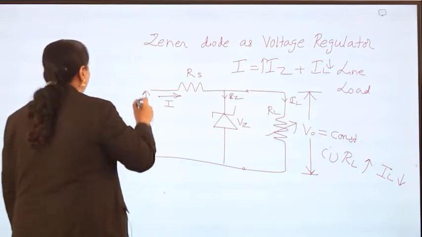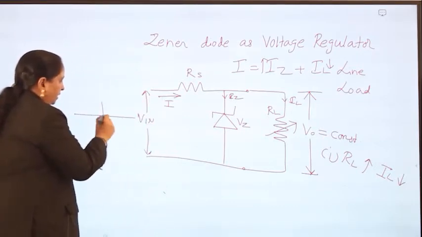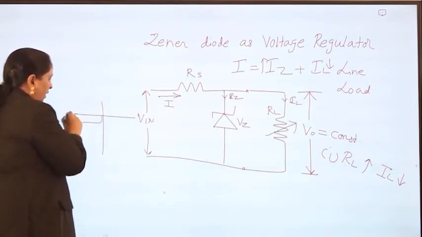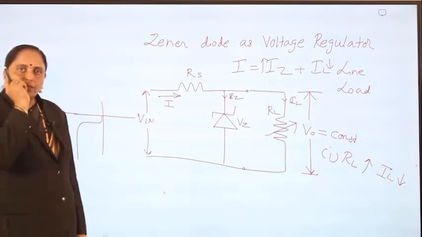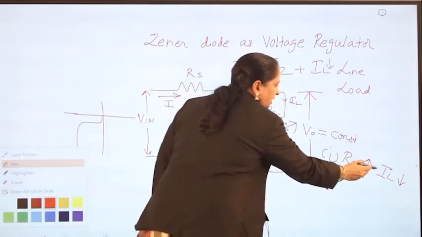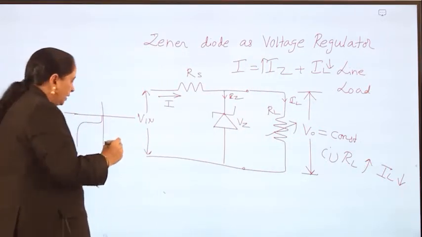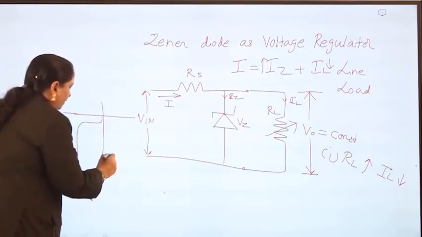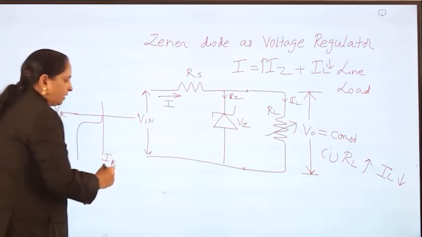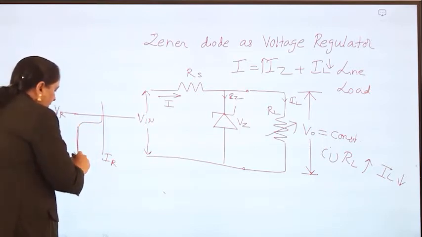If you see the characteristic of a zener diode, here what is happening? Whenever the load resistance increases, load current decreases and Iz increases. This is the zener voltage, and this is the reverse current or zener current. See, the zener current increases rapidly.